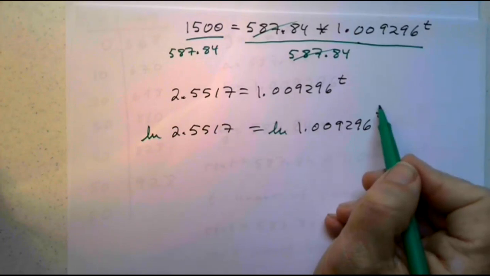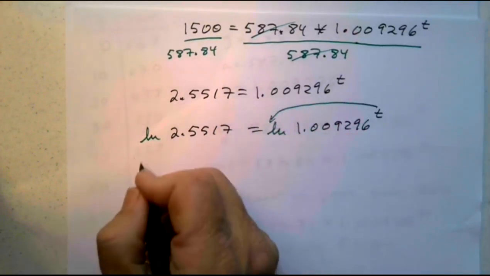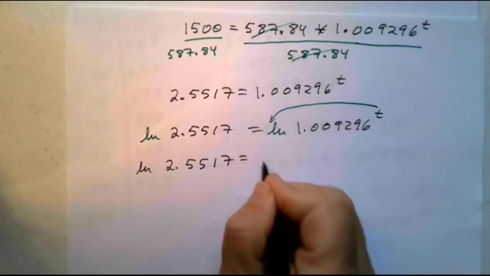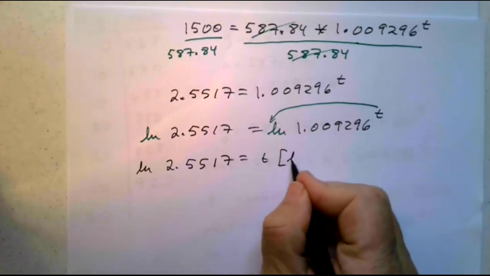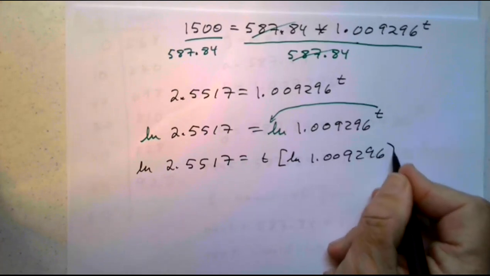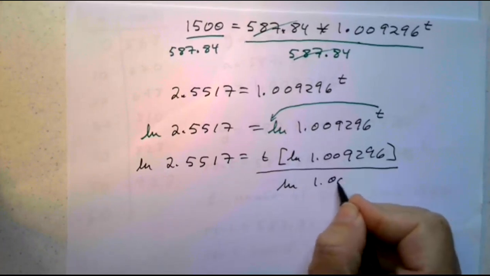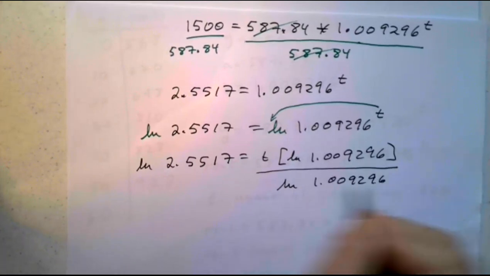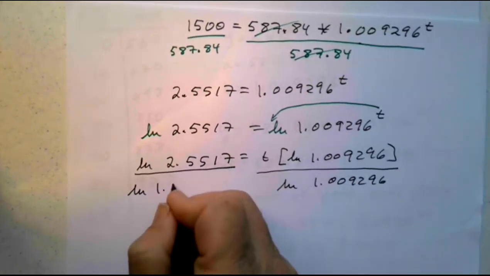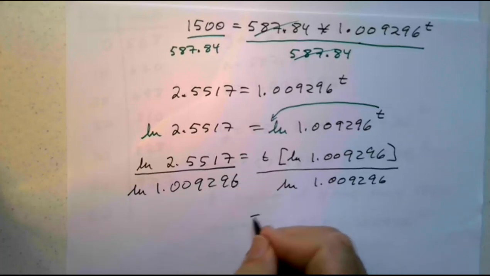The t comes down front, and we have natural log 2.5517 equals t times natural log 1.009296. And we'll divide both sides by natural log 1.009296. What does t equal?